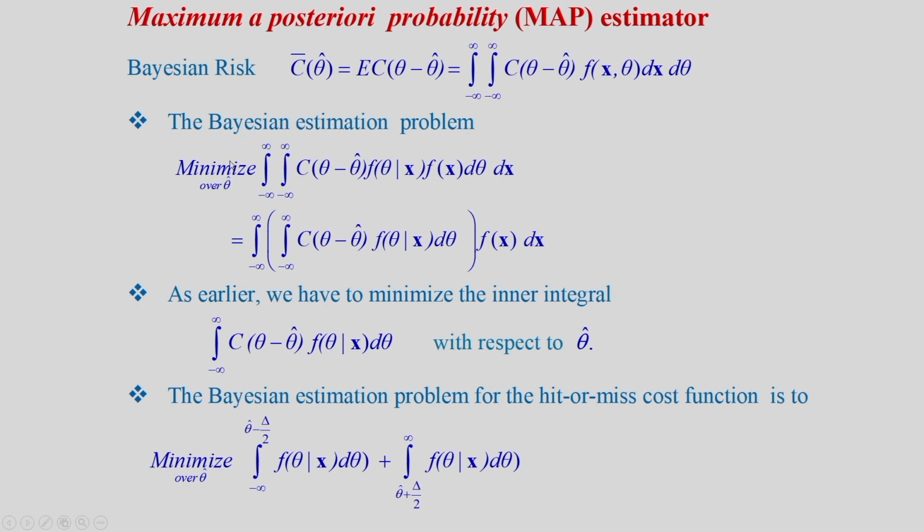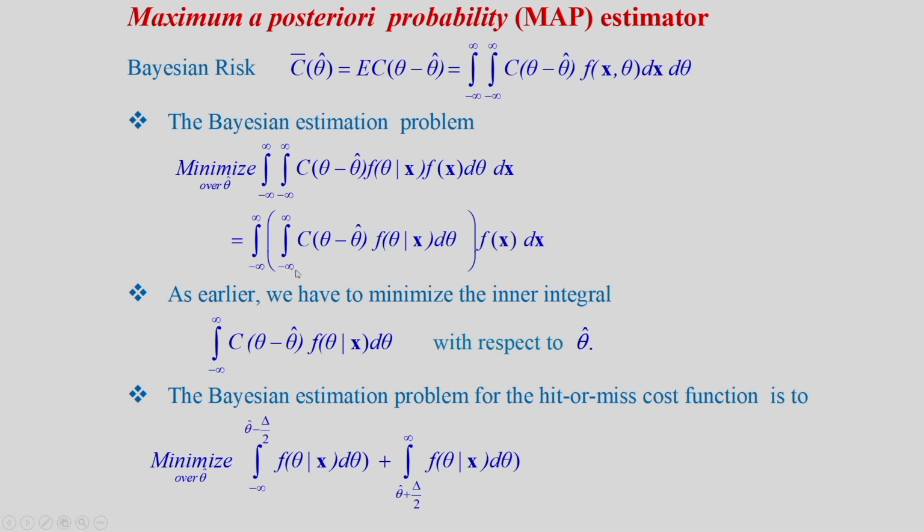And now, as earlier, we will take this f of x dx outside. So, we will get the minimization problem as the minimization of this integral from minus infinity to infinity, integral from minus infinity to infinity c of theta minus theta hat into f of theta given x d theta into f of x dx.